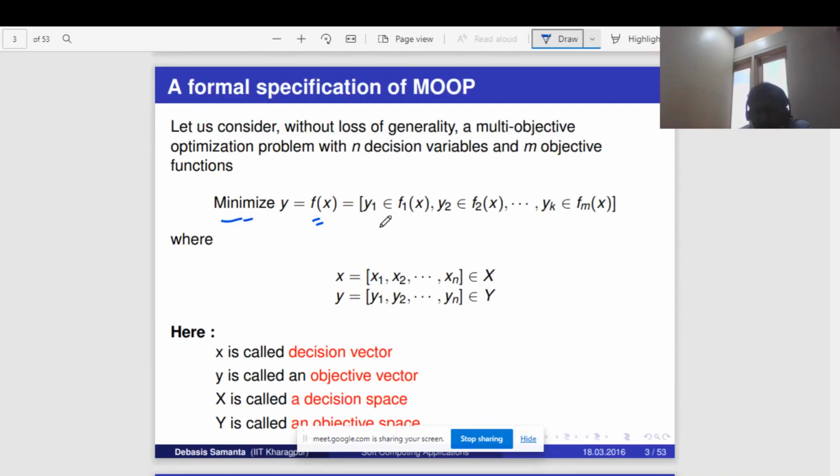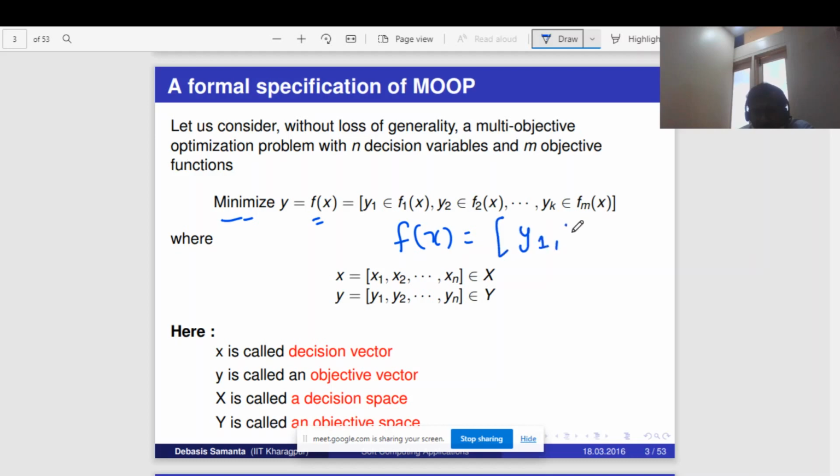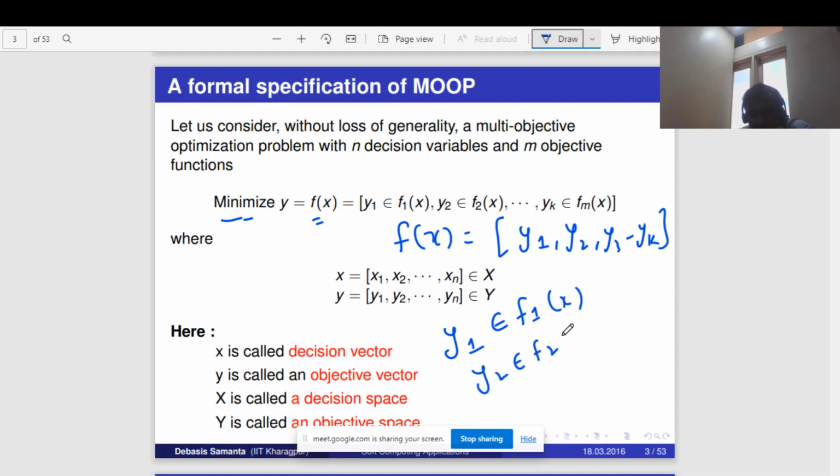From this, what you can observe is that f of x is equal to y1, y2, y3, up to yk, where y1 belongs to f1 of x, y2 belongs to f2 of x, and so on up to ym belongs to fm of x.